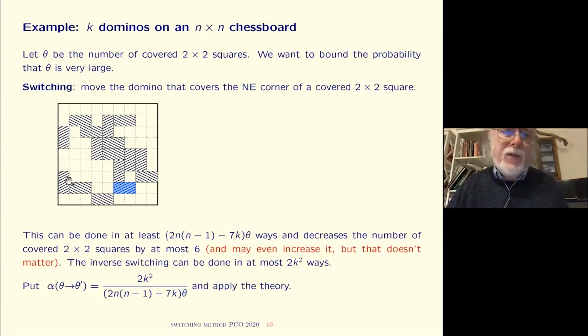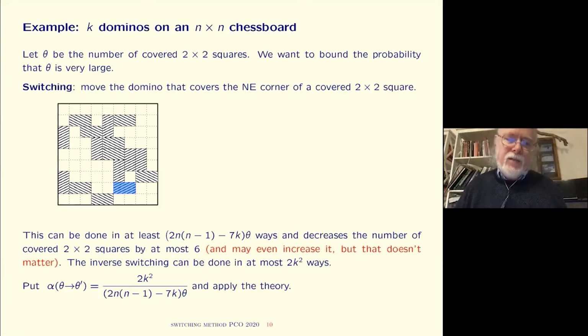So you can choose one of those in theta ways, and then there's exactly one domino covering its upper right corner. And then you just count how many places you can put it down, and it's at most 2n squared minus 7k. And when you do that, it decreases the number of covered 2 by 2 squares by at most 6, which is not hard to verify.